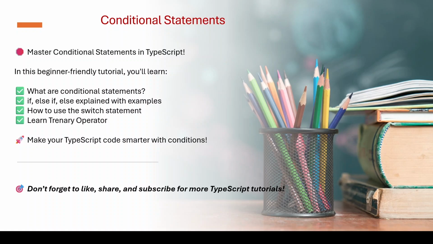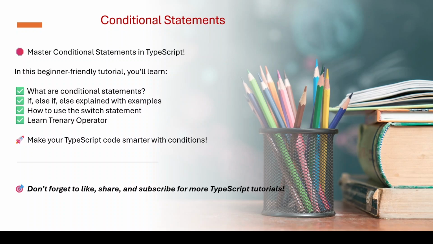One is based on the correctness of the pin, whether we need to allow the user to enter the system or not. And based on the number of tries, whether we need to show the retry page or block the user from using that page further. All these decisions are made in programming using something called conditional statements.